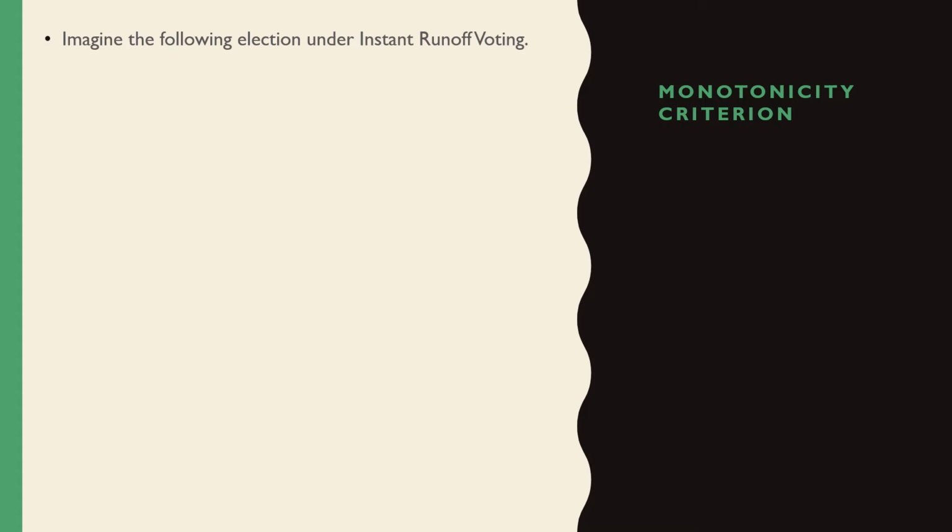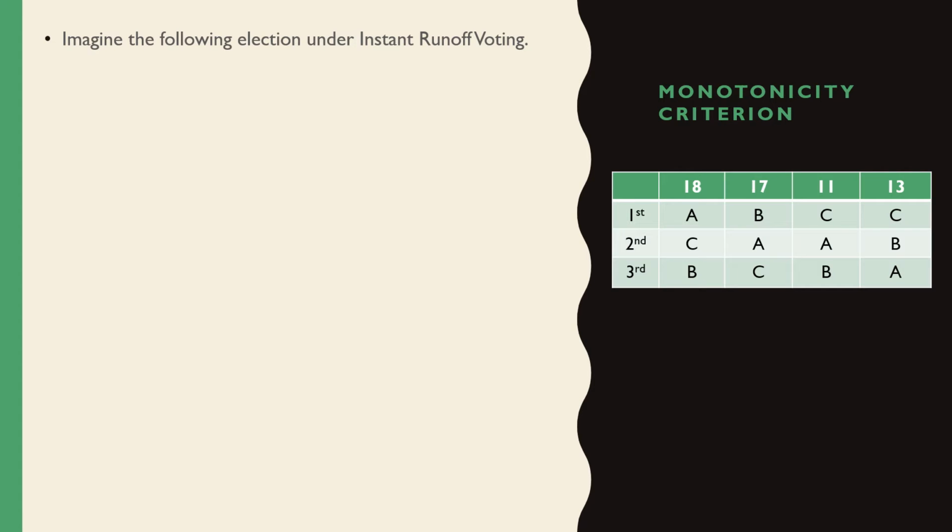So we're going to have to talk about a specific election, so let's talk about this one with instant runoff voting. If you see, A has 18 first place votes, B has 17, and C has 11 plus 13, which is of course 24. And B loses because they've got the least votes.